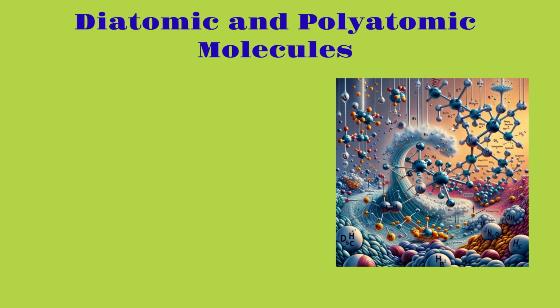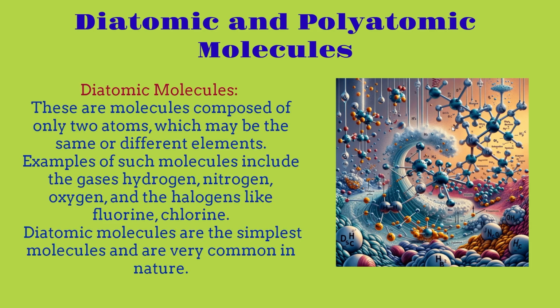Now we're going to talk about diatomic and polyatomic molecules. Diatomic molecules are molecules composed of only two atoms, and these can be the same or different elements. Some examples are the gases hydrogen, nitrogen, oxygen, and halogens like fluorine and chlorine.